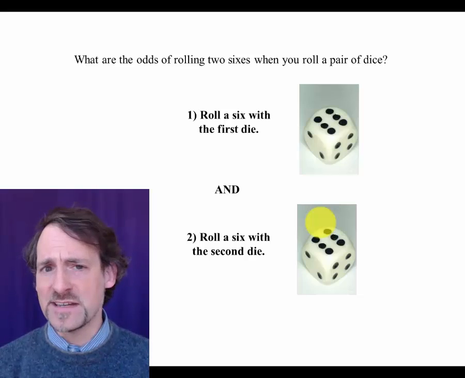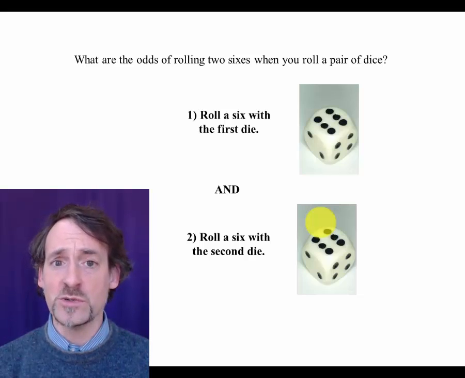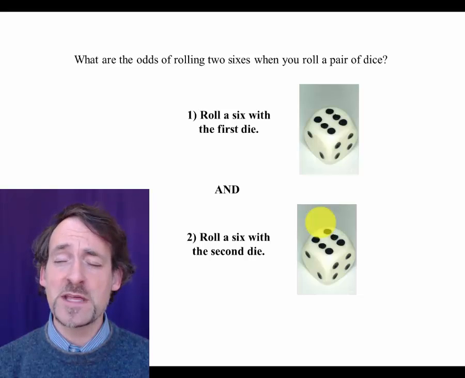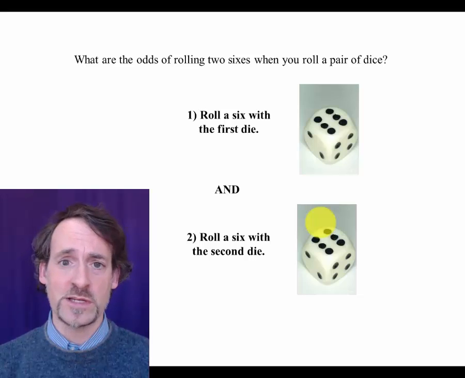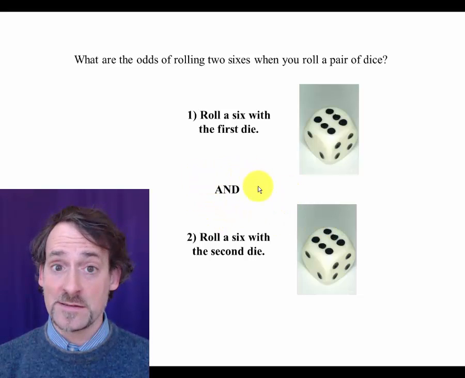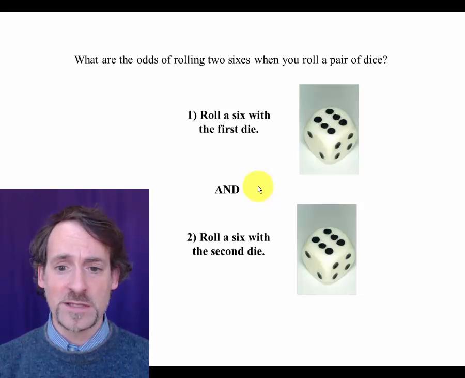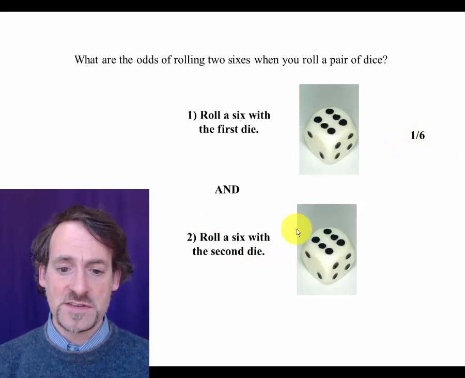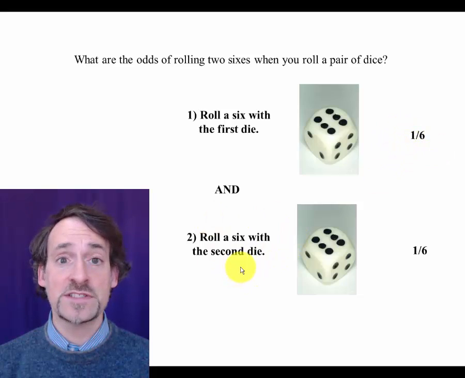And notice the word "and" between these two events. These are two independent events, but they both have to happen in order for you to get a double 6. When you see the word "and" when you're dealing with probabilities, you have to think about multiplying. The odds of getting a 6 with the first die is 1 out of 6. The odds of getting a 6 with the second die is 1 out of 6.